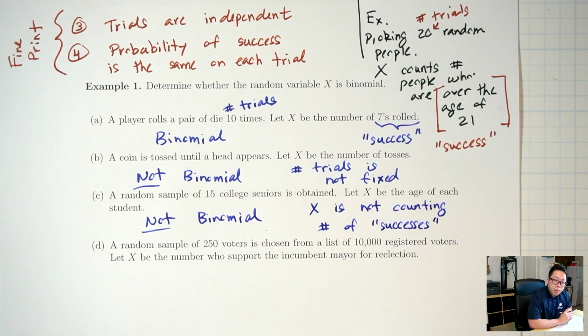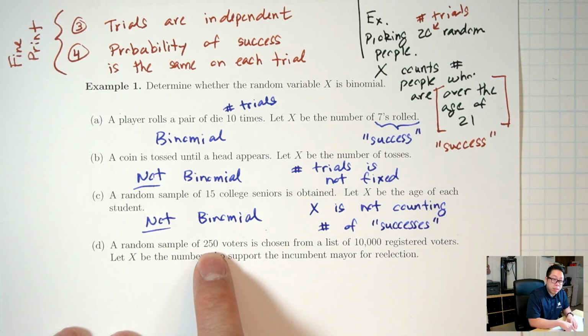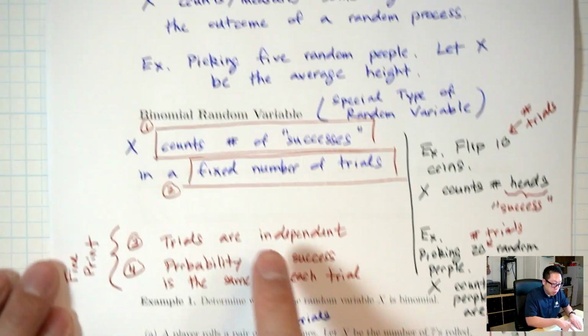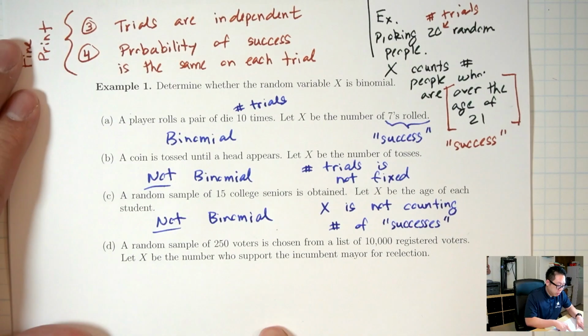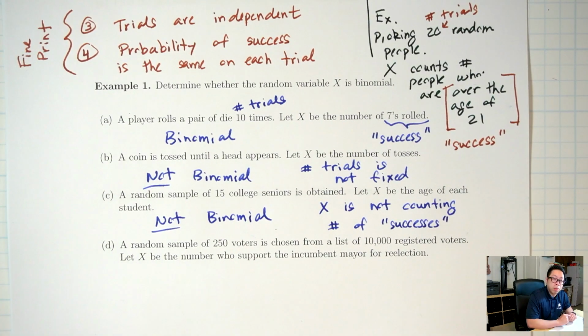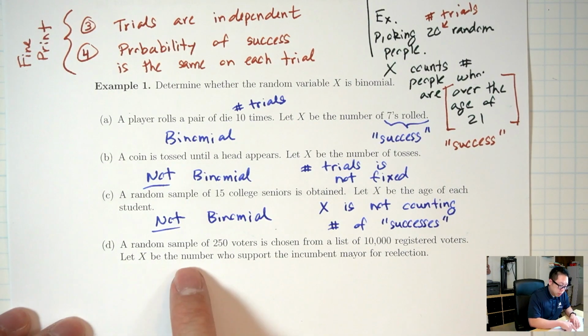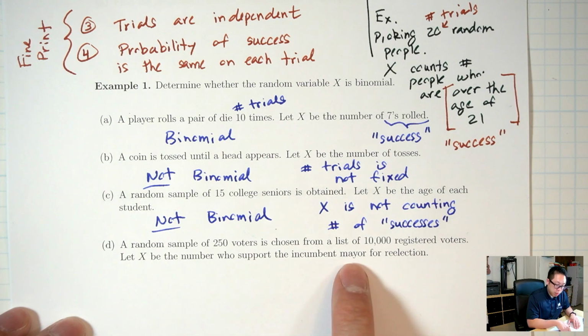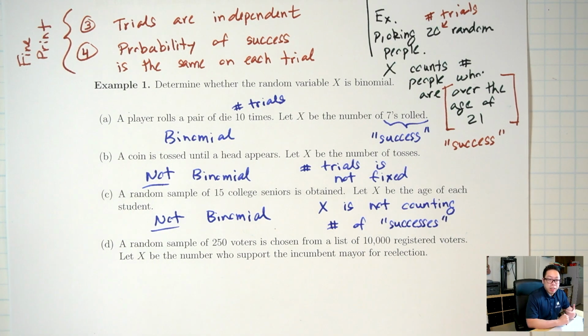Part D, a random sample of 250 voters is chosen from a list of 10,000 registered voters. We're picking people here. We're doing it 250 times. So the number of trials is fixed. Here, is X counting the number of successes? Let X be the number who support the incumbent mayor for re-election. So X here is counting the number of people who support the mayor.